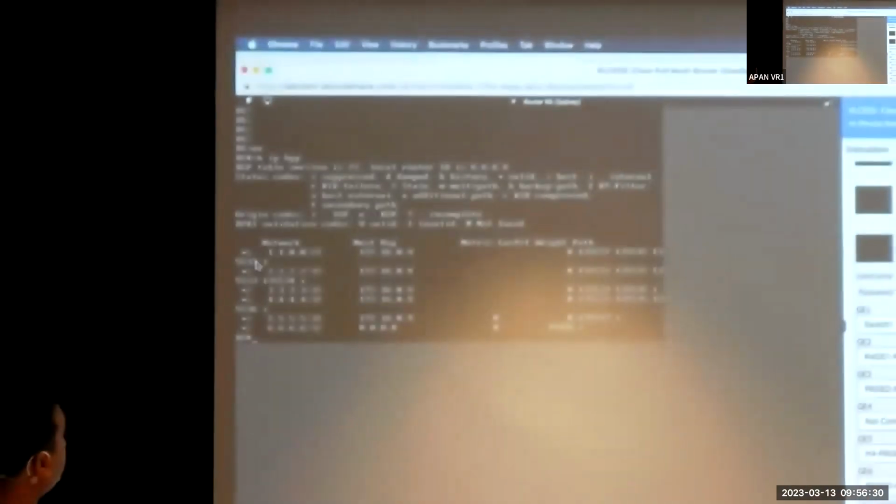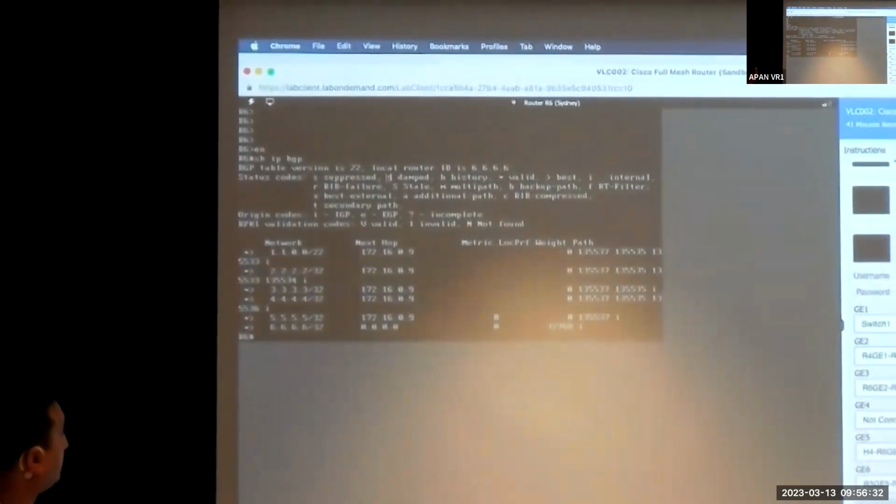So if you see from router 6 the prefix to router 1, you can see the path itself here, right?